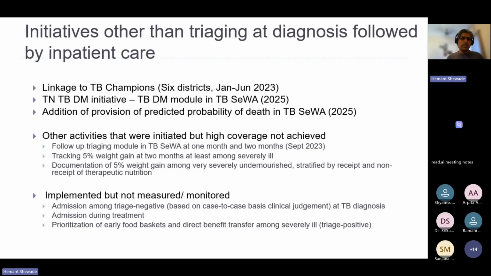This is how admission during treatment was done. Then, prioritizing existing nutritional services among those who are severely ill, and among those who had severe undernutrition but did not fall into the triage positive criteria, they were prioritized for early food basket and direct benefit transfer. As an informed decision, we did not measure or monitor this to reduce the data burden on program staff.